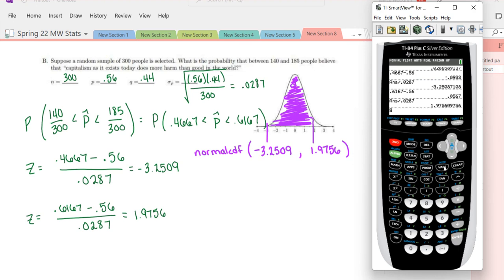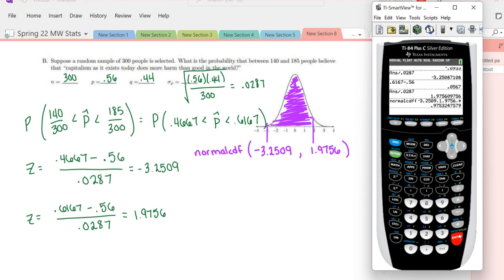So second distribution, normal CDF, negative, oops, I went to inverse norm. There we go. All right, negative 3.2509, and then 1.9756. Paste.